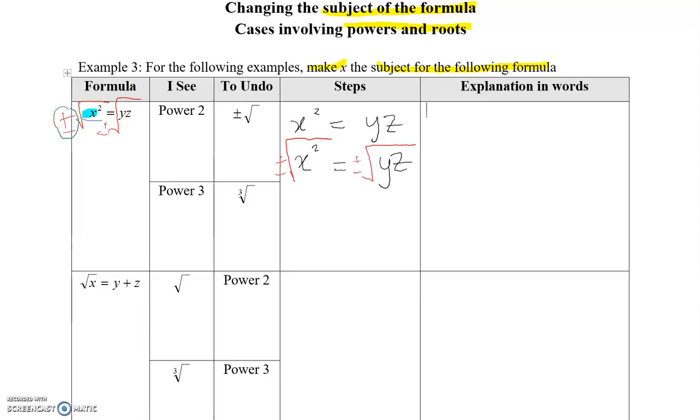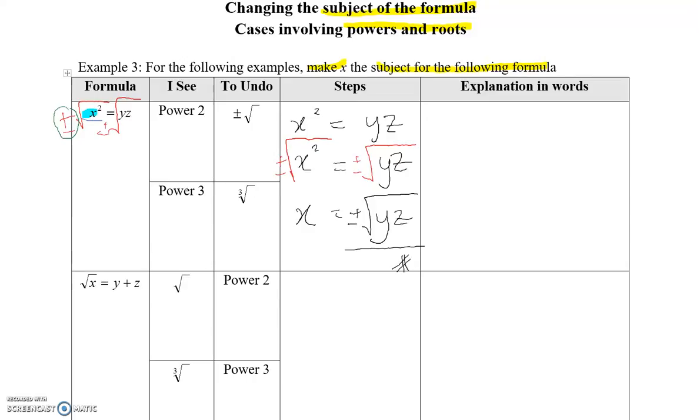So finally, we will have x equals positive and negative square root of yz. So this is how we make x the subject of this formula.